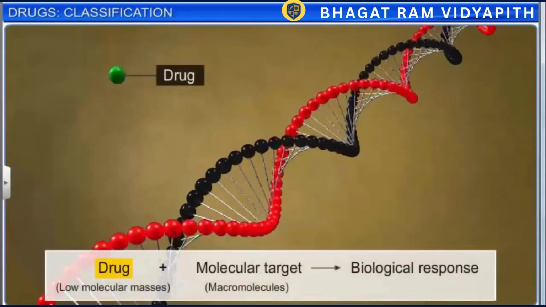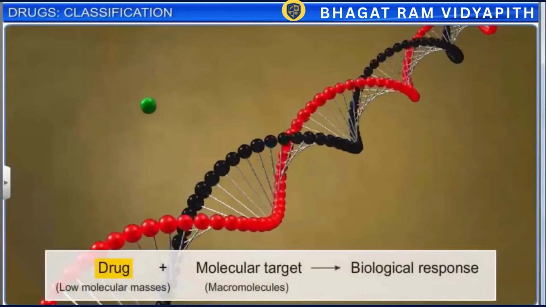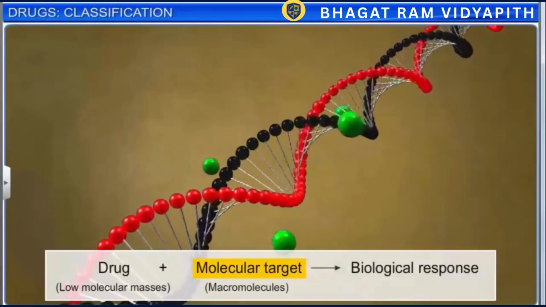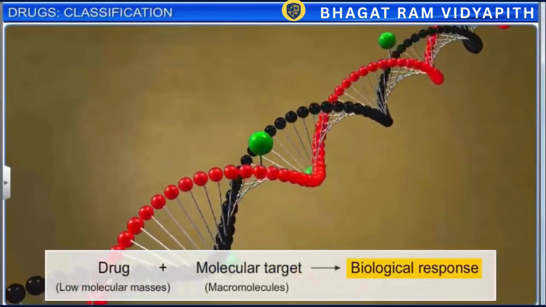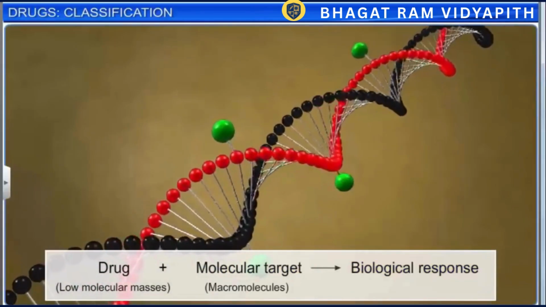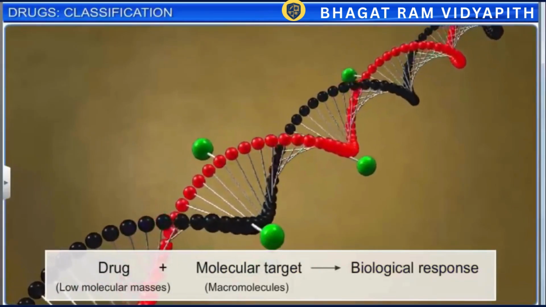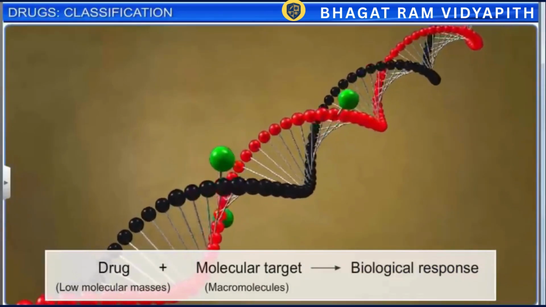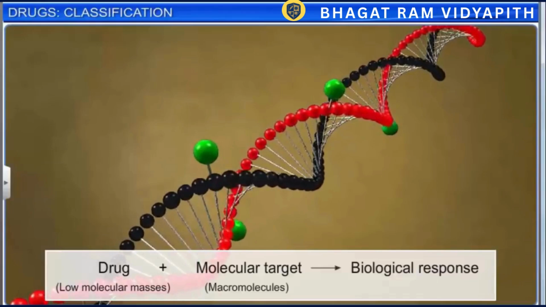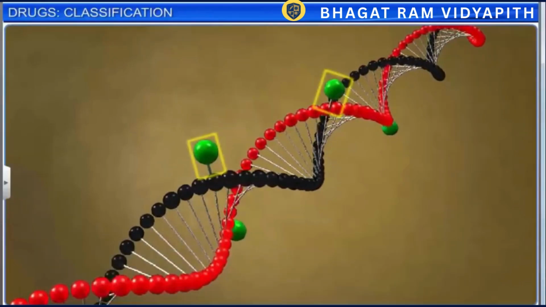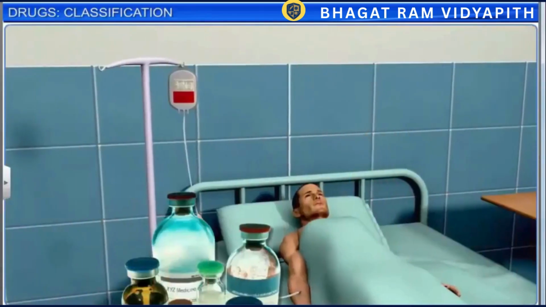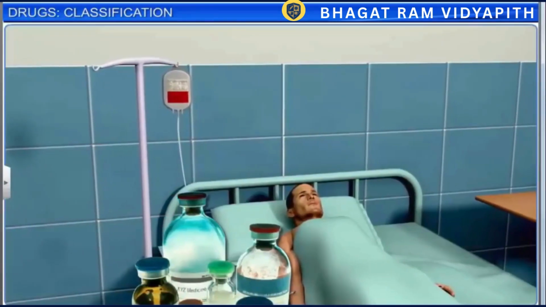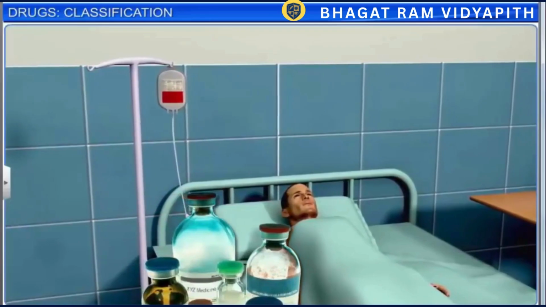Drugs are chemicals of low molecular masses that interact with macromolecular targets and produce a biological response. When the biological response is therapeutic, which means desired and beneficial, these chemicals are called medicines. The use of chemicals for obtaining a therapeutic effect is called chemotherapy.